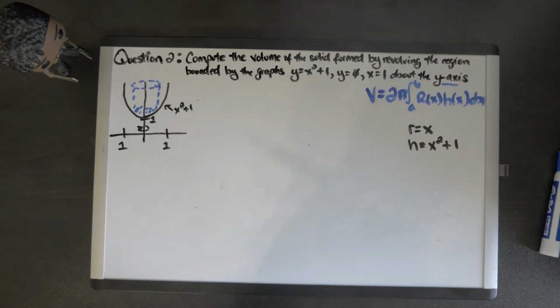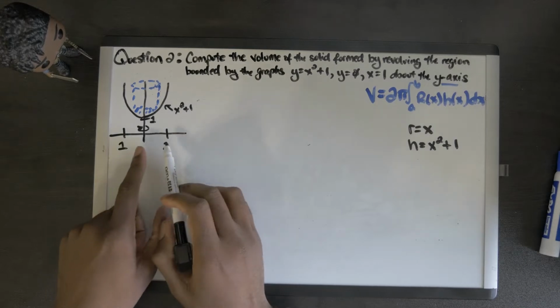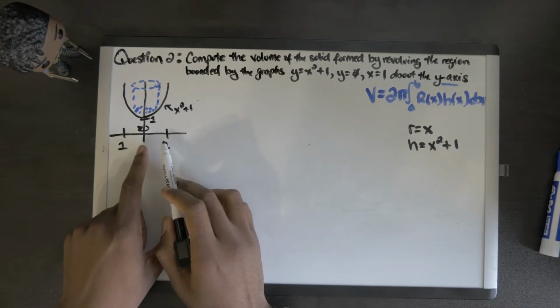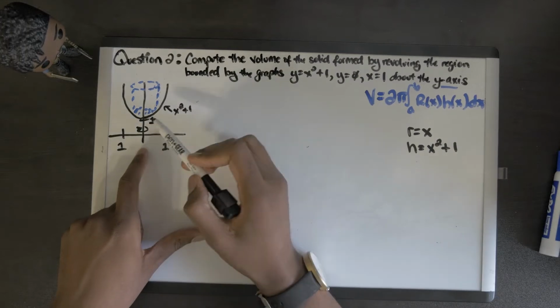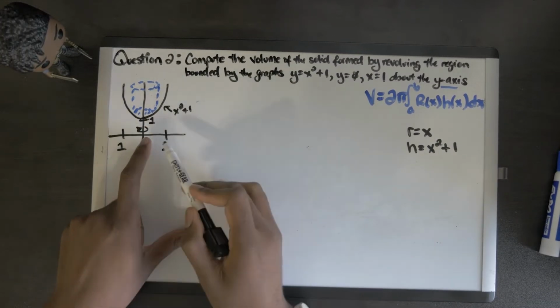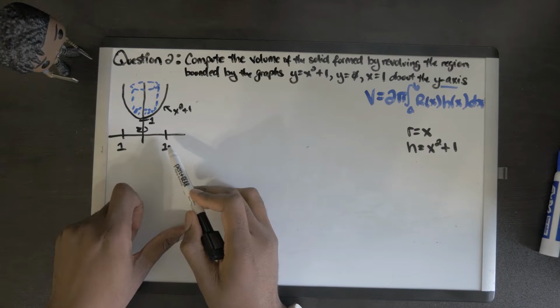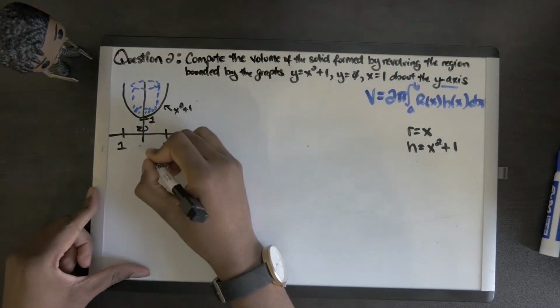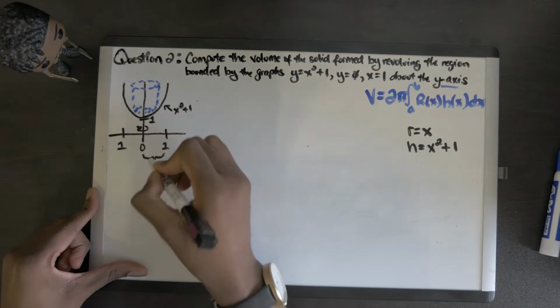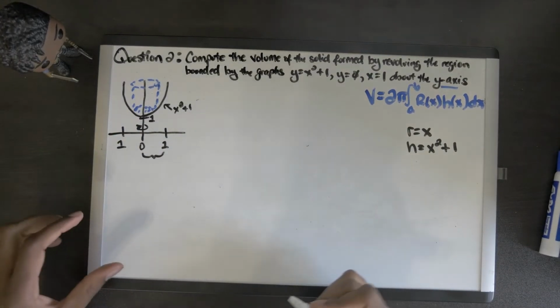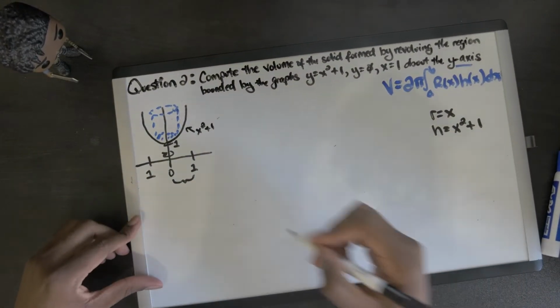We're going to use those as our A and B. And again, you'll notice from the y-axis that 0 to 1 is where the original function starts from. So we're going to keep in mind, even though we're rotating it about the y-axis, that the original bounds are from 0 to 1.